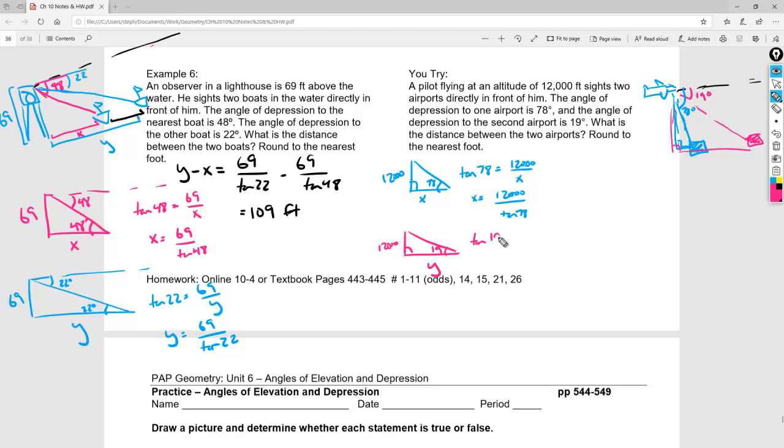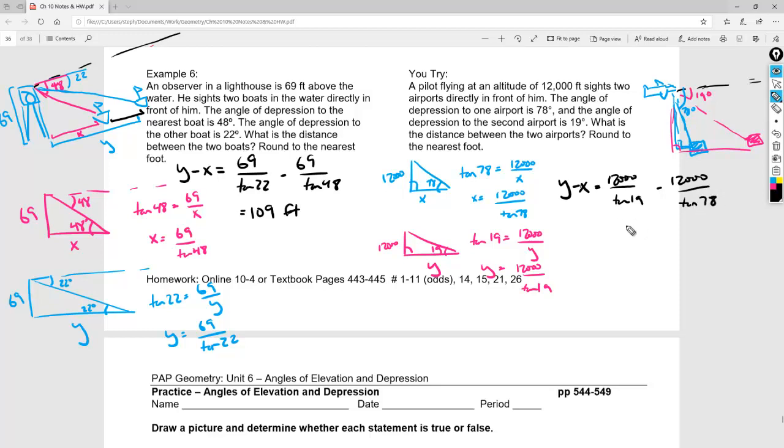So tangent of 19 is going to be 12,000 divided by y. Y is going to be 12,000 divided by tangent of 19. And again, I'm seeking y minus x. So that's going to be 12,000 divided by tangent of 19 minus 12,000 divided by tangent of 78.